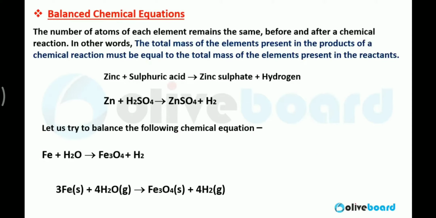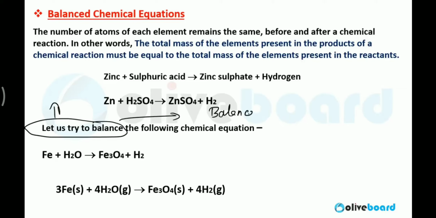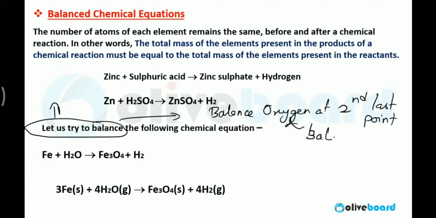So first try to balance that reaction, and whenever you try to balance a reaction, balance oxygen and hydrogen at the last. I'm writing here: balance oxygen at the second last point, and balance hydrogen at the last.